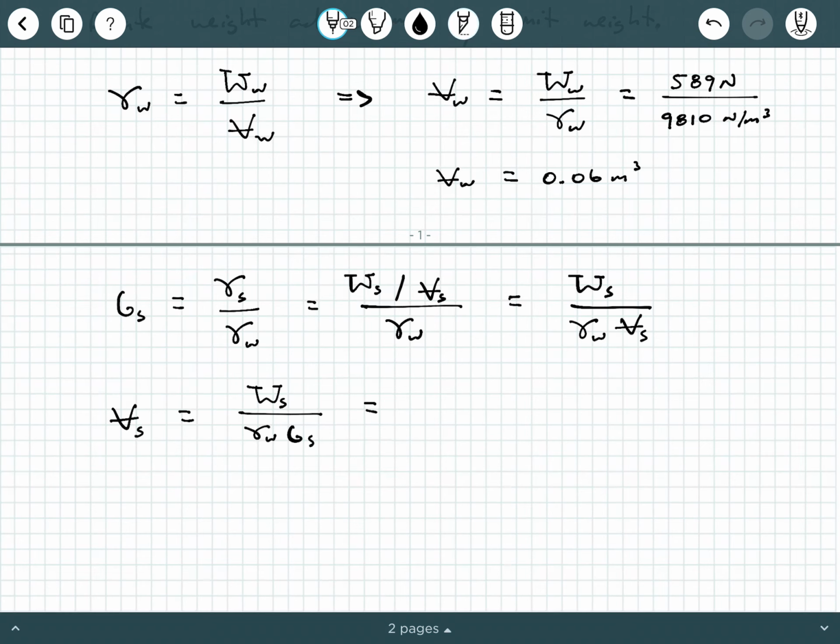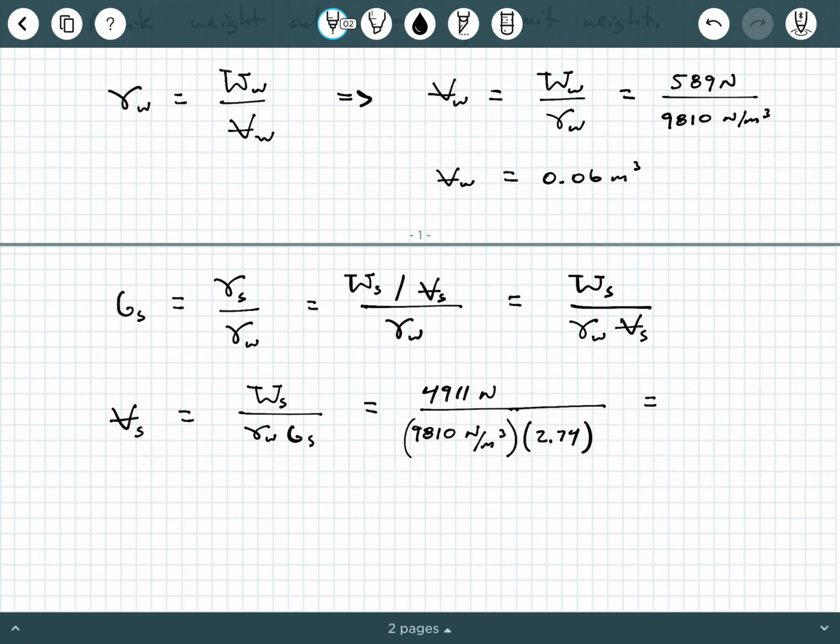Absolutely. So the weight of soil solids was one of our given values, 4,911 newtons. And then we divide by 9810 newtons per meter cubed. And then in that denominator, we also put 2.74, which was the specific gravity value of soil solids that we were also given in the original problem statement.